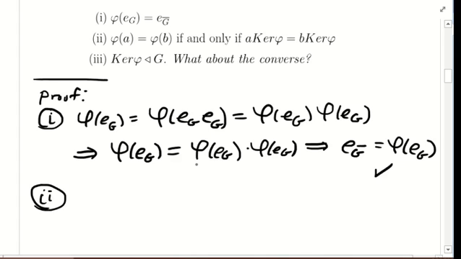Well, let's go this way first, I guess. It's the easier way, maybe.